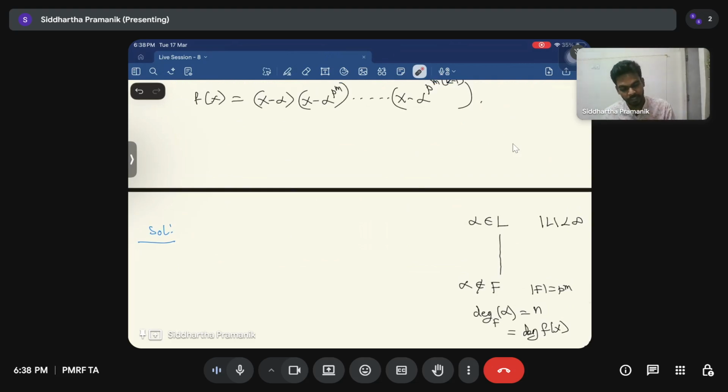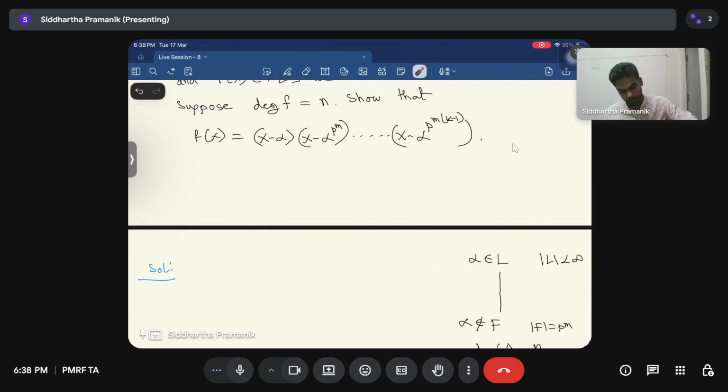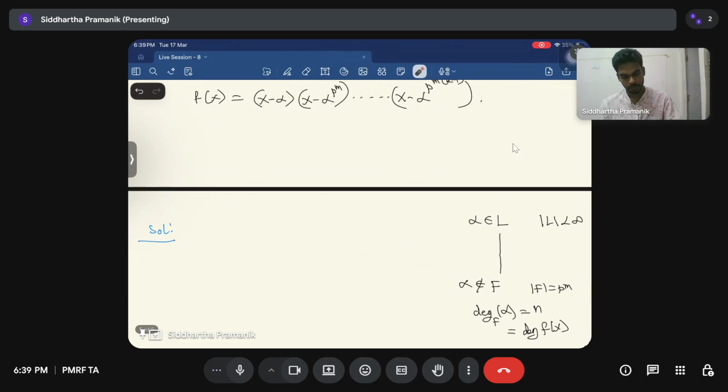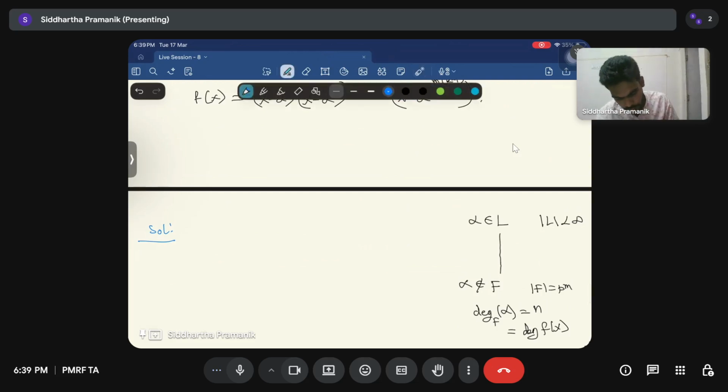So how to find the irreducible polynomial of an element? So we need to use the structure of the Galois group of finite fields, and also the concept of primitive elements. So how to do this? So let's solve this.